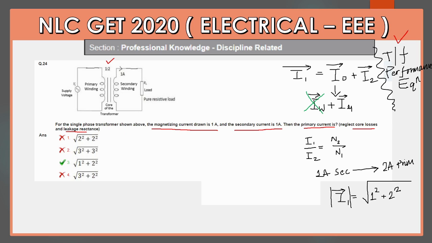From the transformer performance equation, we write like this: I1 vector equal to I0 vector plus I2 vector, where I1 is the primary current, I2 is the secondary current, and I0 is the no load current. So it is saying in the no load current you neglect the core loss component. So only magnetizing component will be there.